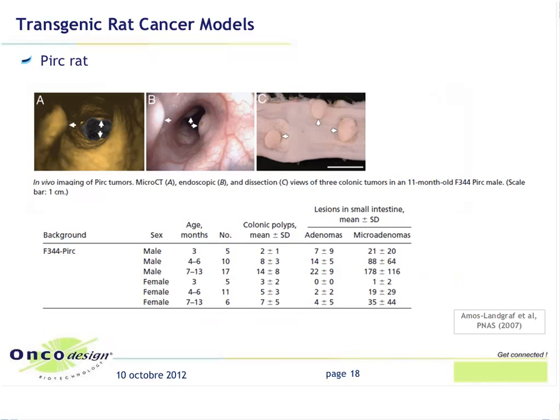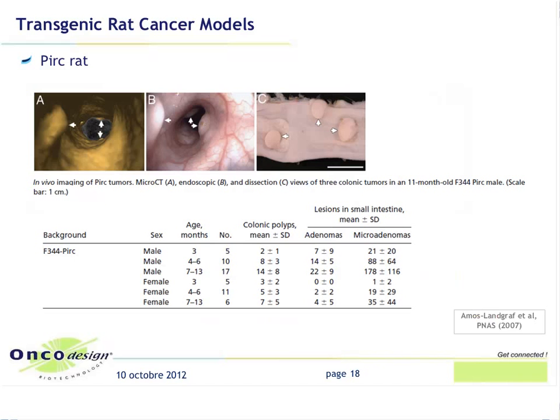One example is a rat that carries a knockout allele of the APC gene. The mouse knockout models, the APC mice, which have been largely studied, develop primary tumors in the small intestine. The knockout rats develop colonic tumors similar to human patients.